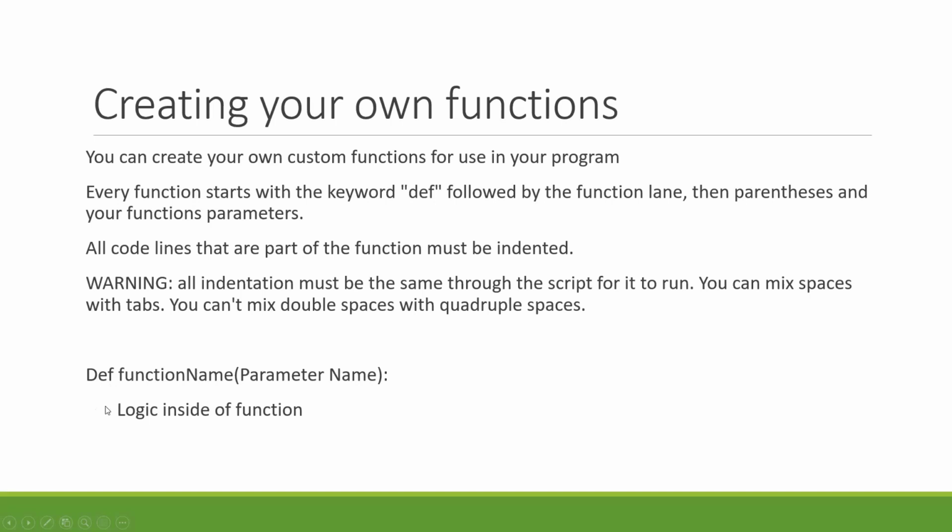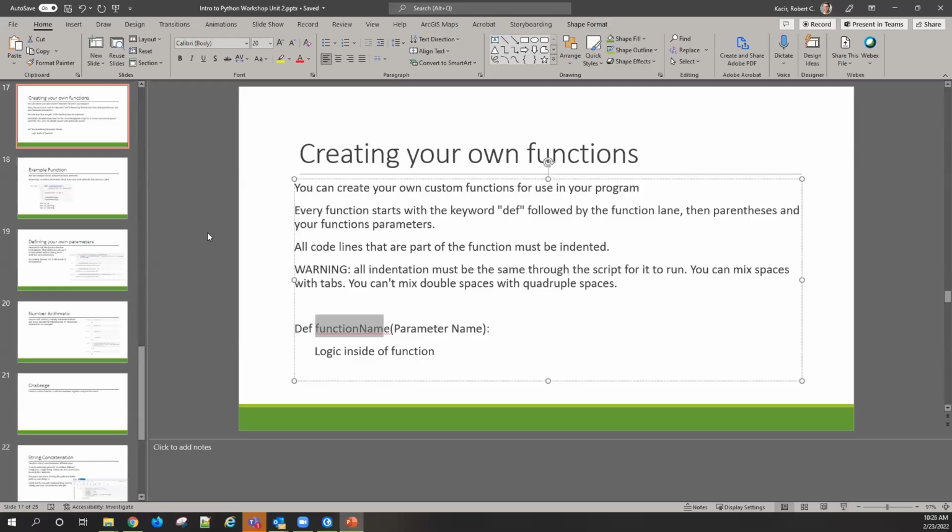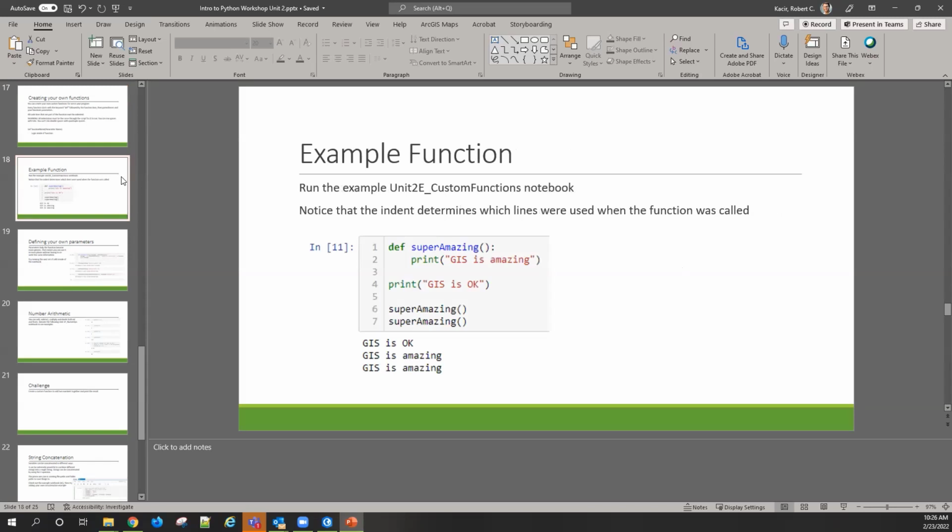And then you indent one step over, and then whatever logic you put in goes after that indent. And then you can call that function later on. So it's a little bit abstract until you actually start doing some of it.